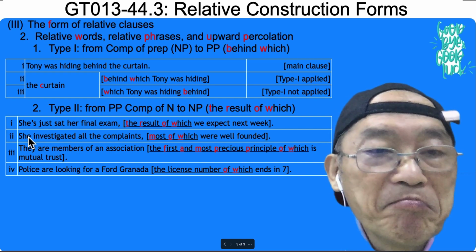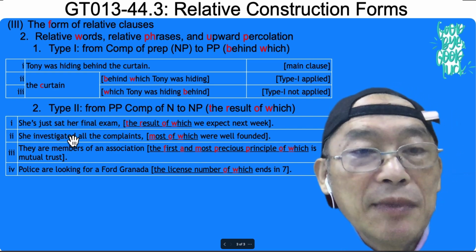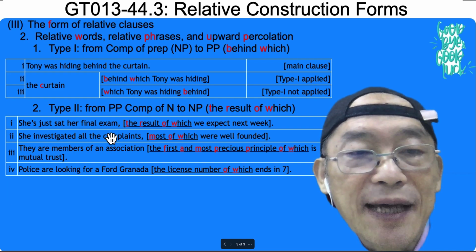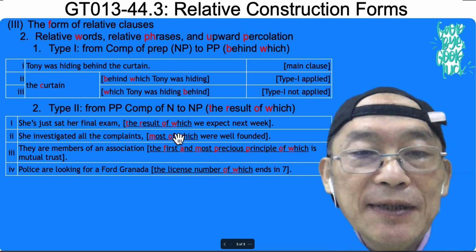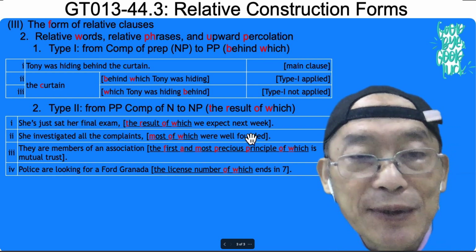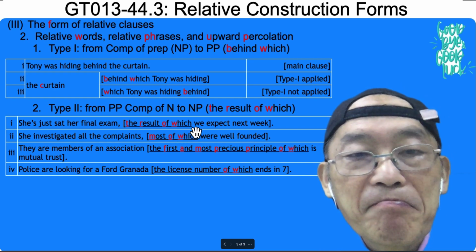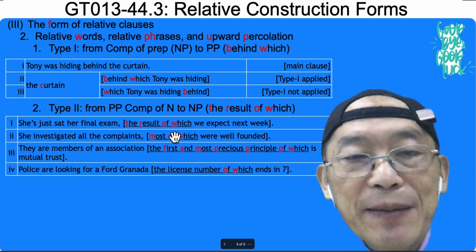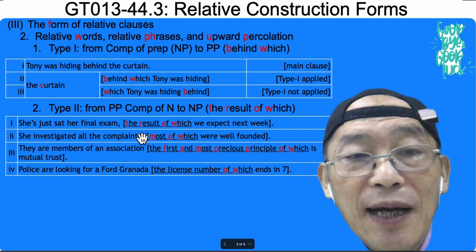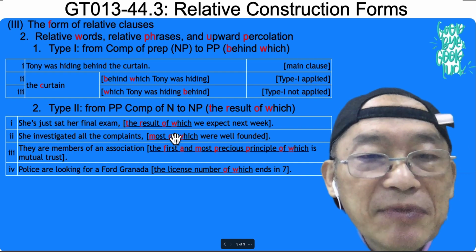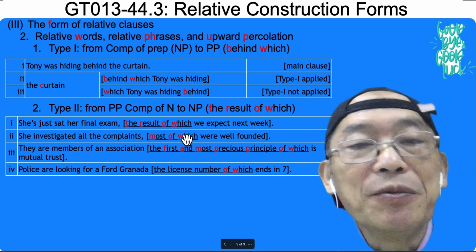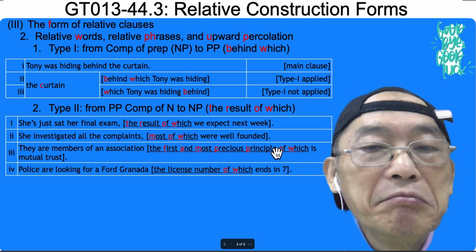Let's check. She just set her final exam, the result of which we accept next week. Noun to PP, PP to noun phrase again. So from PP to noun phrase, type 2. The result of which, type 2. Most of which.